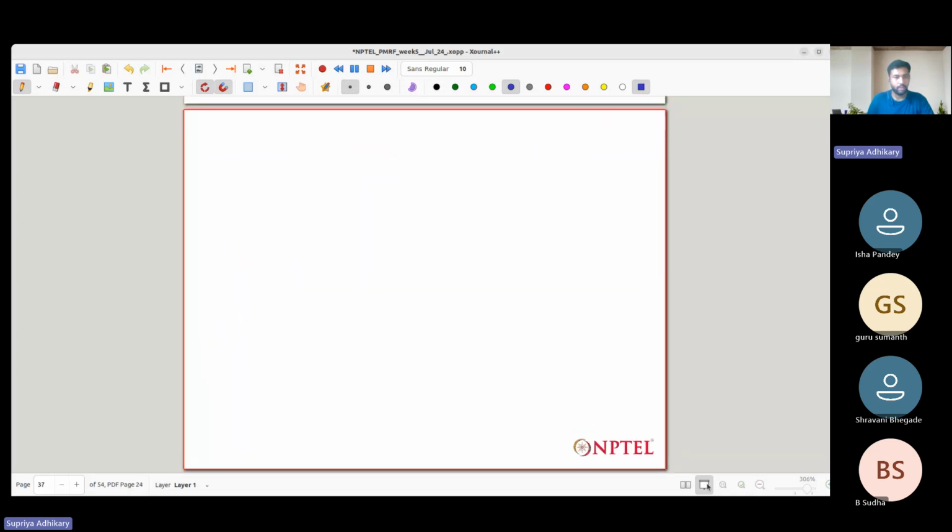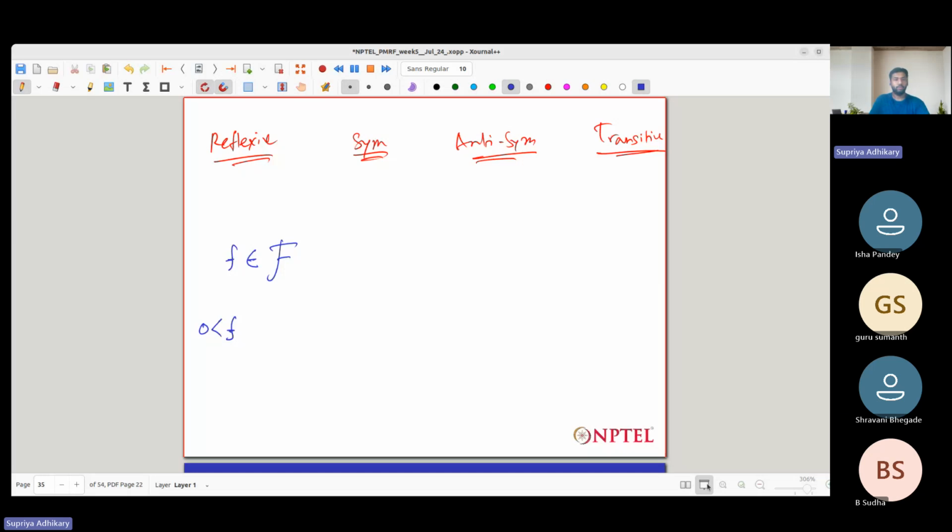So definitely for all the values at n, we will have f(n) greater than 0. And also we can see that f(n) is nothing but equal to 1 times f(n) for all n.